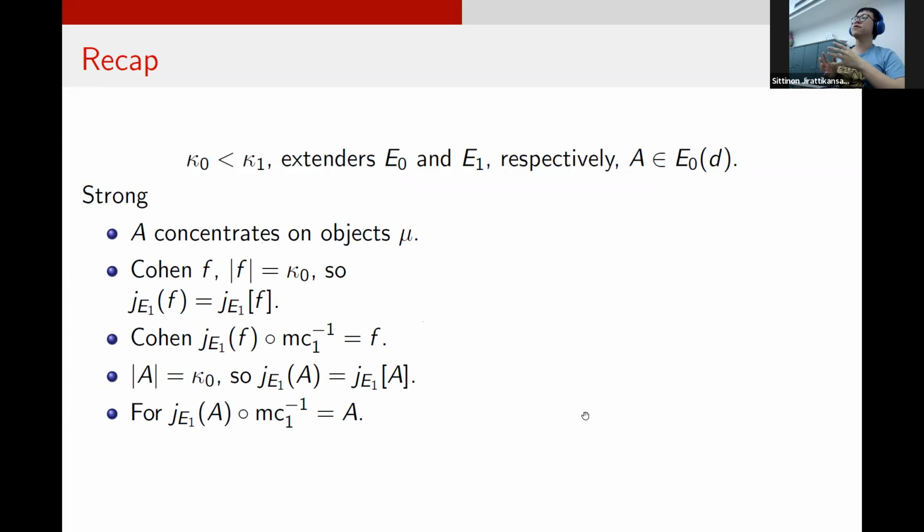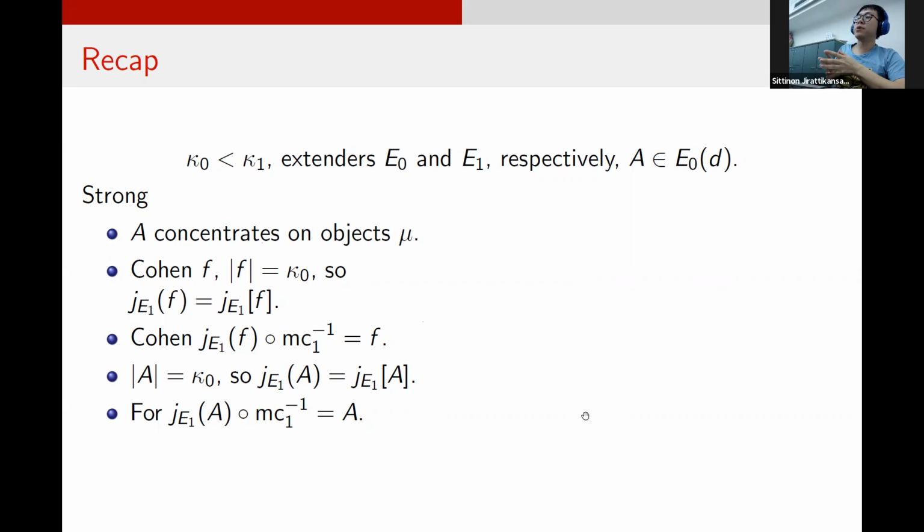And the story of strongness is quite simpler than supercompactness in the following sense. A concentrates on the objects mu. The coherent has size kappa 0. So I'm considering the coherent with respect to kappa 0, so the size of F is going to be kappa 0.